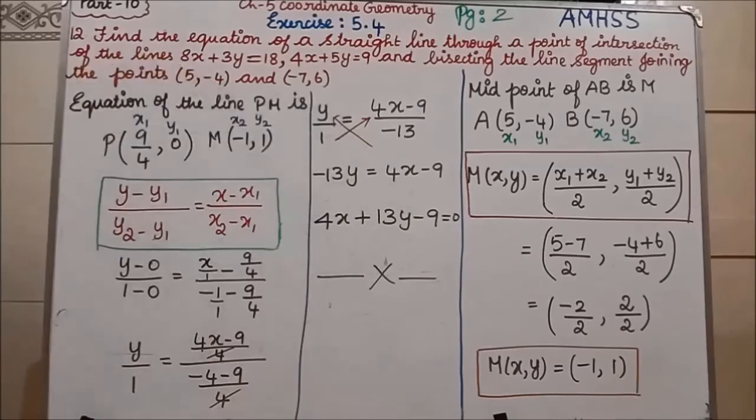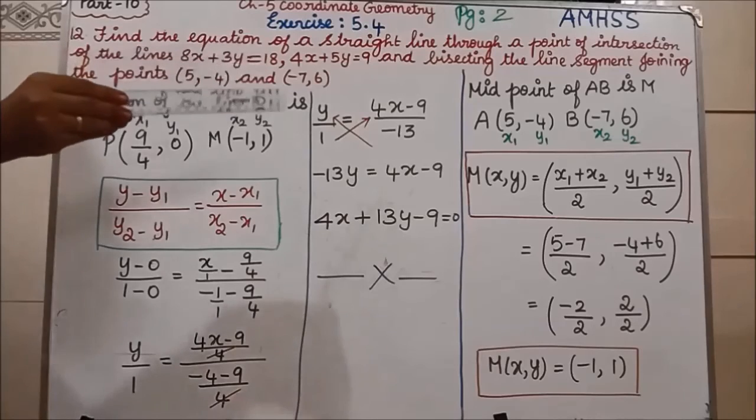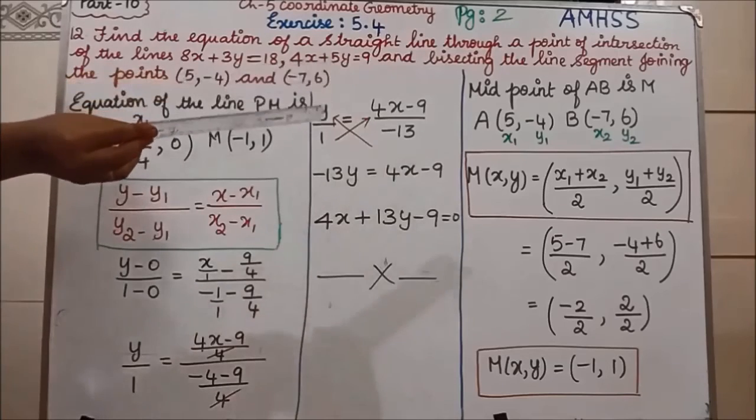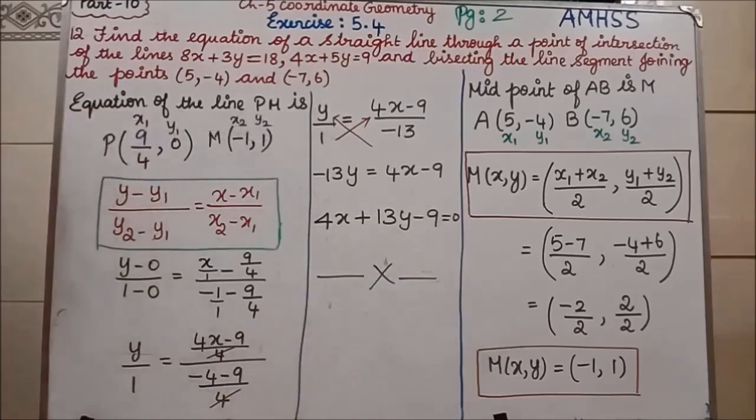The next step we are doing the cross multiplication. So −13 into y is −13y, equal to 1 into (4x − 9), which is 4x − 9 only. Here students, the equation of the straight line is in what form? Ax + By + C = 0. In that form only we will have, isn't it?